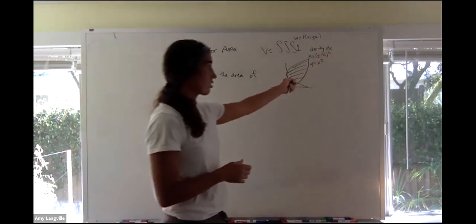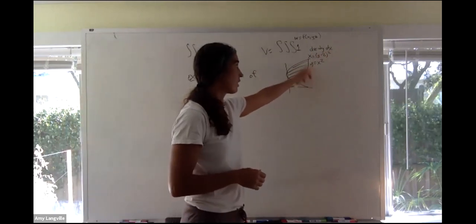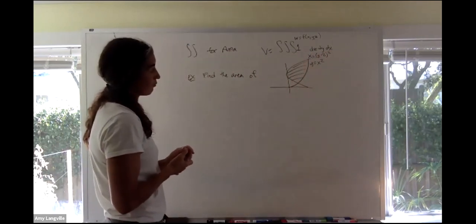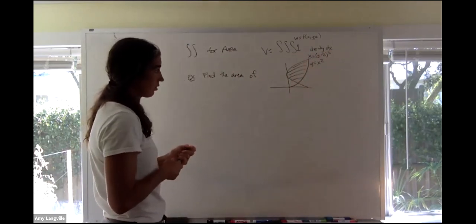Okay, so we want to get the area of the shaded region. We have these two curves, one's a y equals, one's an x equals. Both easy to solve for the other variable, though.